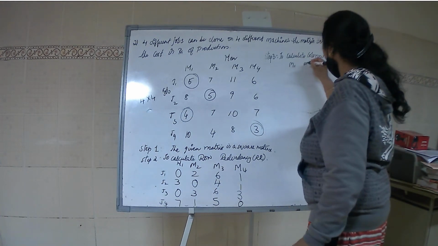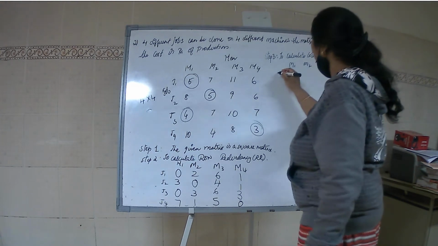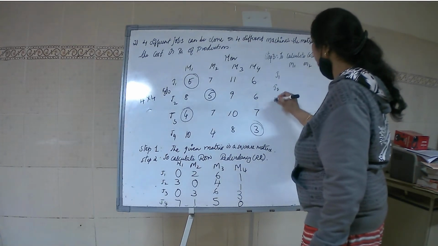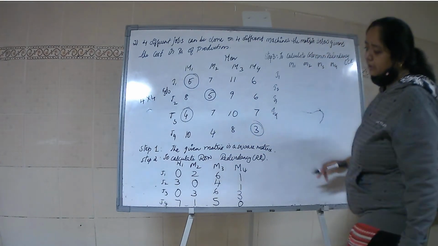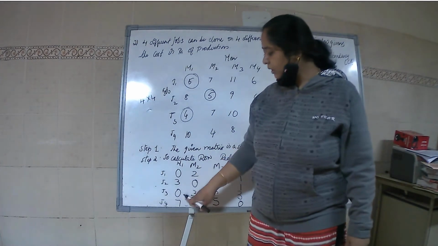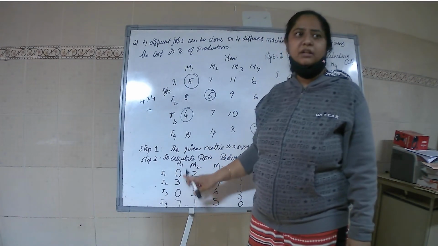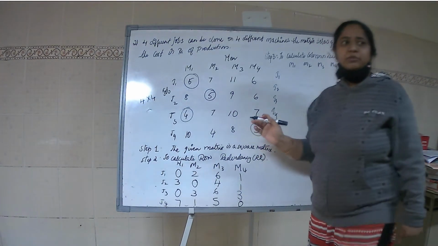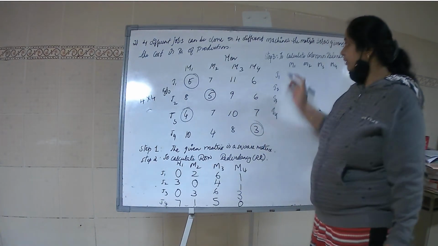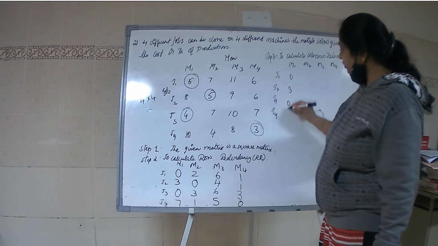M1, M2, M3, M4, J1, J2, J3, J4, the values. Now here you can see in the M1 column, 0 is already there, so the minimum is 0. So you take the same values, because if you subtract 0 from any value, it remains the same: 0, 3, 0, 7.